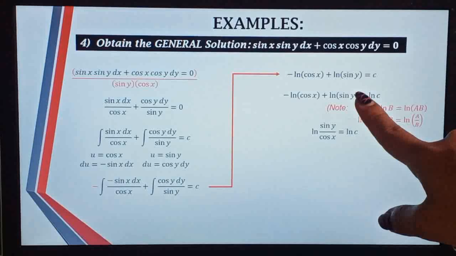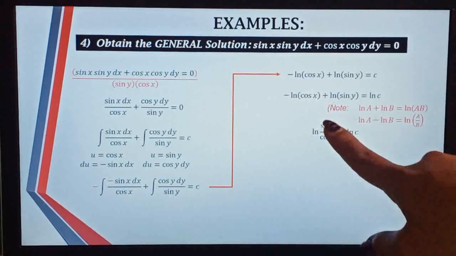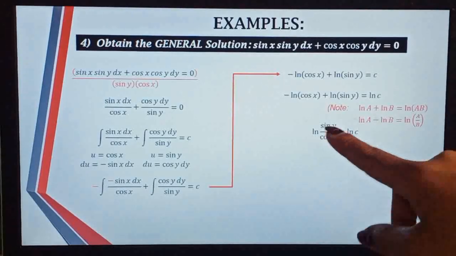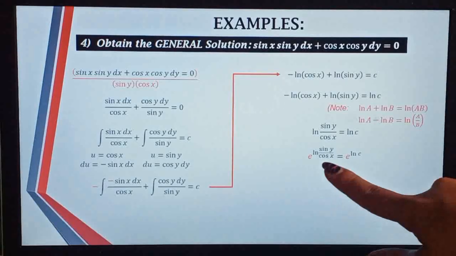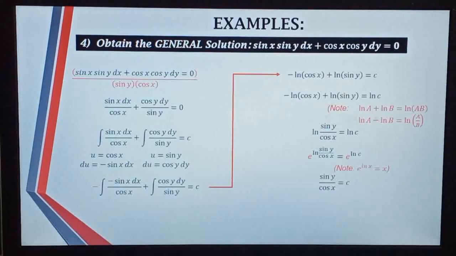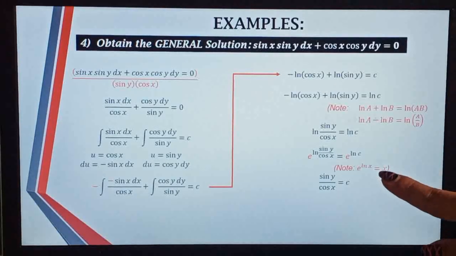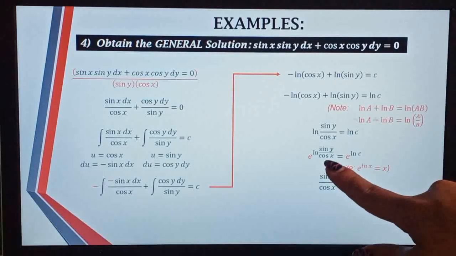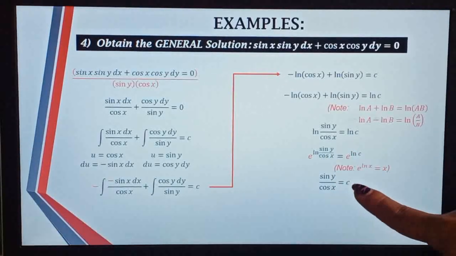So, numerator si positive, which is the sine of y. Then, denominator ngayon si negative, which is the cosine of x. Then, again, i-exponentiate natin siya. Then, kukunin natin si angle ng natural logarithm. So, you will now have sine of y over cosine of x equals c.